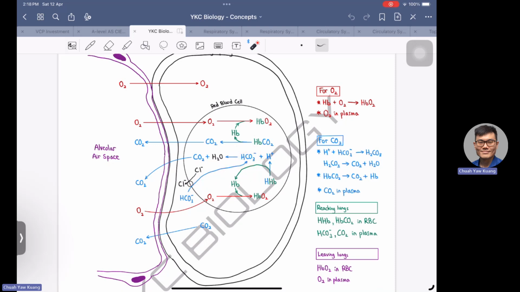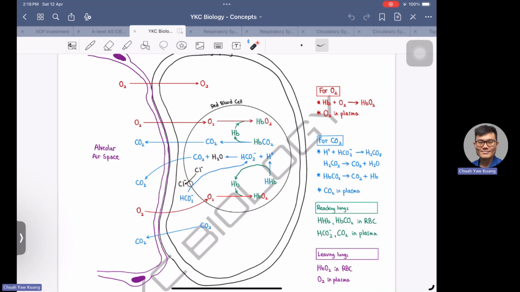But in order to maintain the electrical charge in the red blood cell, the chloride shift process will occur again. It's just that this time, the bicarbonate ion will be transported into the red blood cell, while the chloride ion will be transported out of the red blood cell.